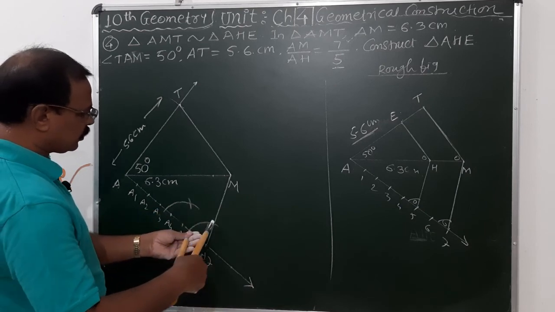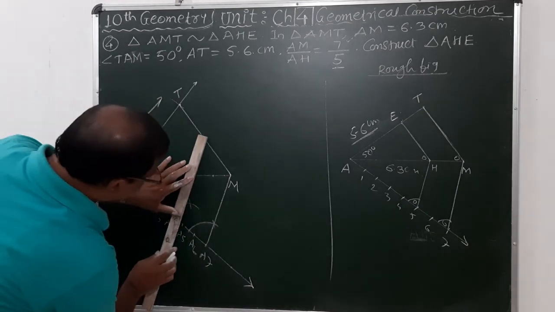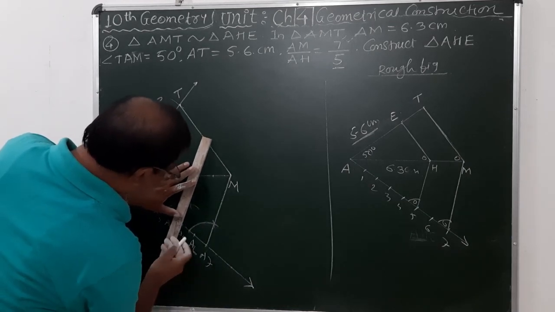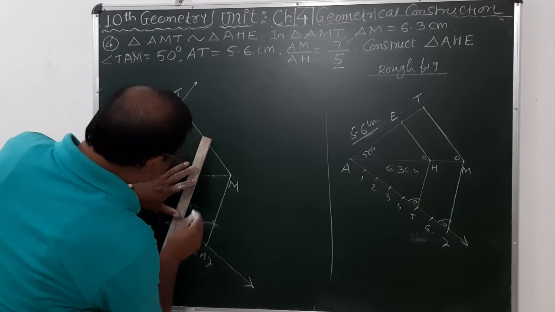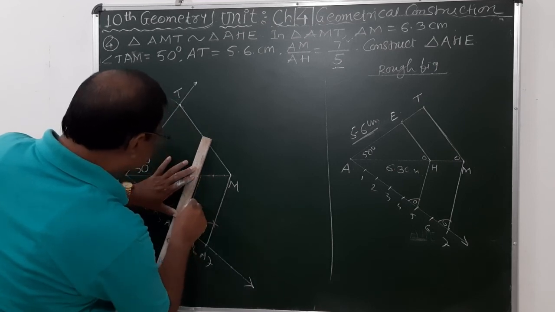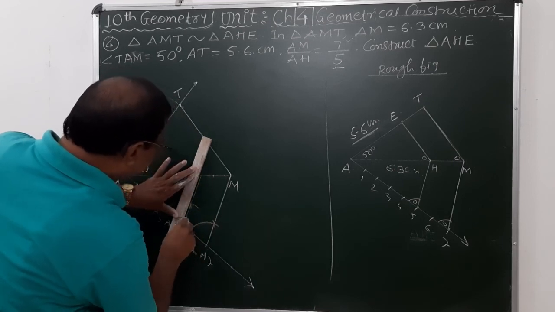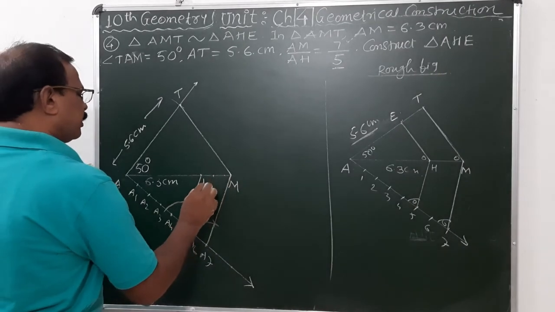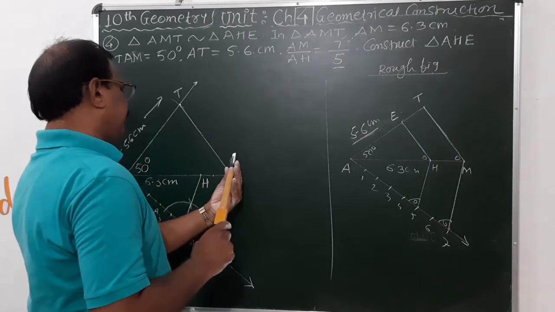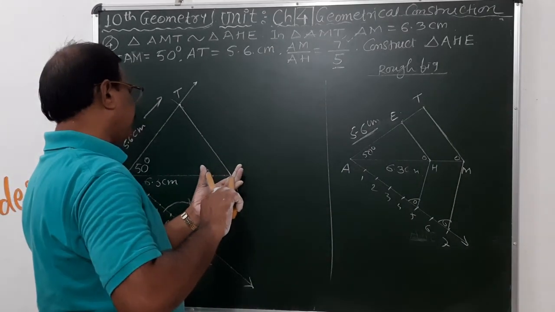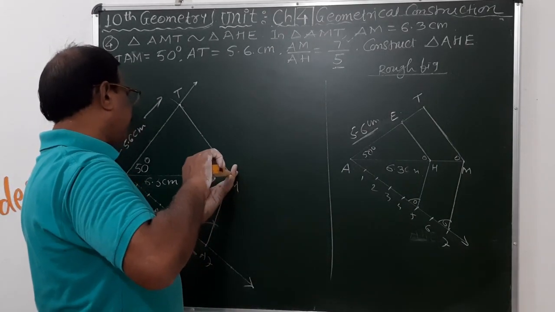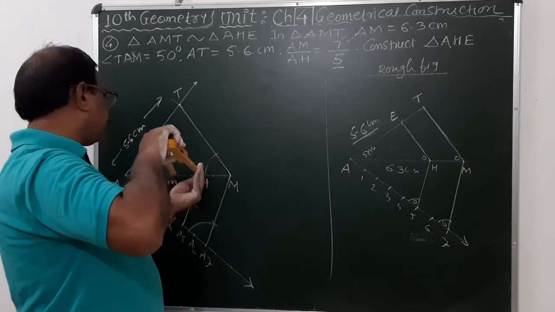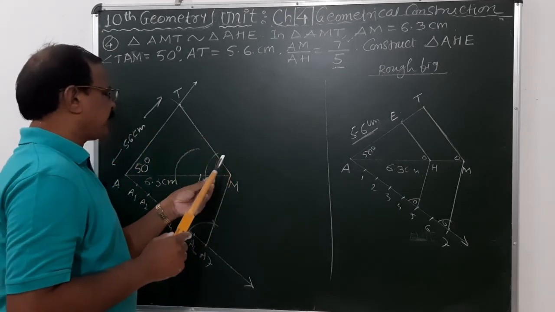So this is the congruency. Then from A5 to this point, you just draw the line which intersects AM at this point. This point is nothing but your H point. So we drew a corresponding angle actually. If the corresponding angles are congruent, then the lines are parallel.